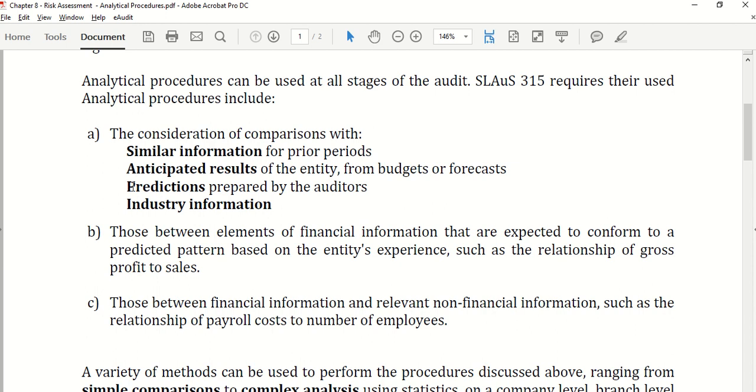Likewise, besides the auditors' predictions, you can check with industry information. Say, for example, assume you do an audit in a hotel. When you do the audit in the hotel, you know about guest arrivals, so you can check the guest arrivals. Say your hotel is focused on European guests.